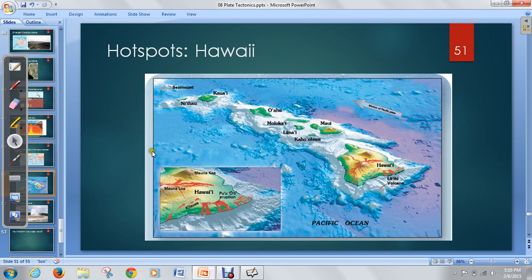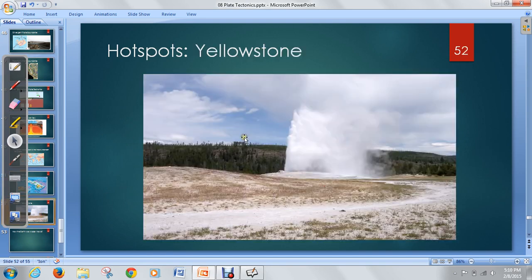Okay? And then the last application is with Yellowstone. Okay? Old Faithful is actually kind of a volcano itself. The whole park of Yellowstone is pretty much a volcano, and it's a hotspot. The reason Old Faithful goes off is that it has a lot of heat coming from this volcanic activity. And so that hotspot is slowly moving over time as the North American plate is moving over time.